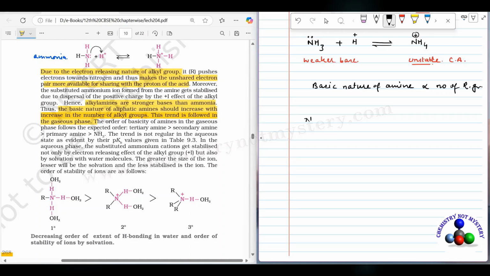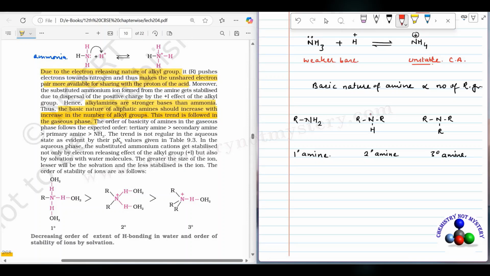When you increase the number of R groups, here this is RNH2, the next one is RNRH, and here this is RNRR. As this nitrogen is bonded to one alkyl group, this is a primary amine. As this nitrogen is bonded to two alkyl groups, this is a secondary amine. And this is a tertiary amine, as nitrogen is bonded to three alkyl groups.